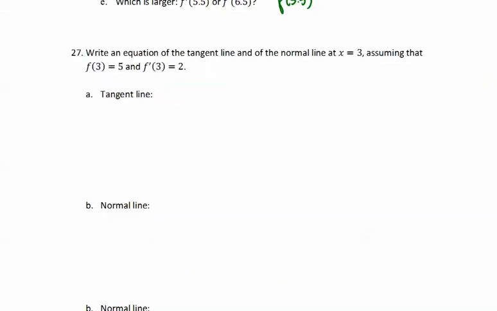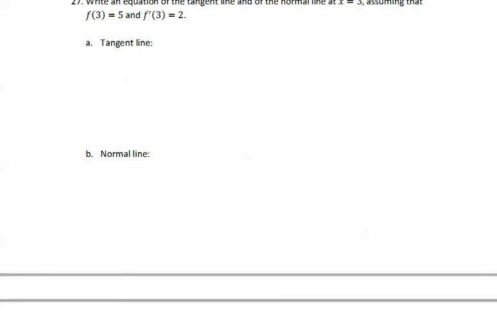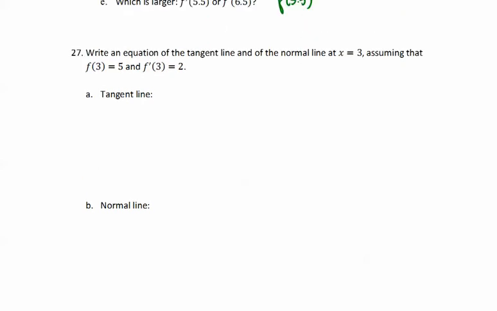We'll go on from that and look at number 27. Write an equation of a tangent line and of the normal line at x equals 3, assuming that f of 3 is 5 and f prime of 3 is 2. Alright, so remember that to write the equation of a tangent line, we need a slope. Well, the slope is the derivative at 3.